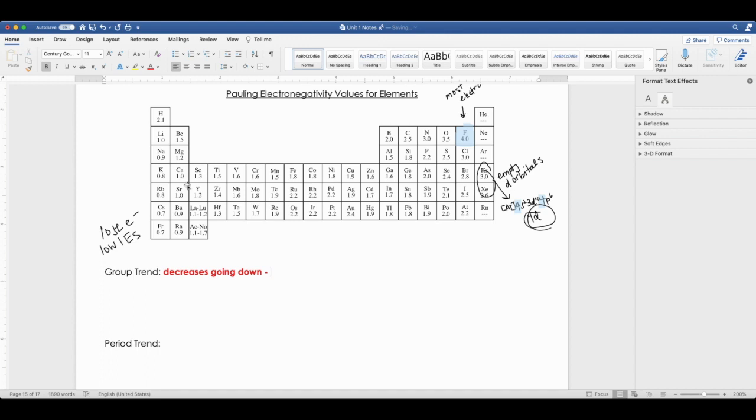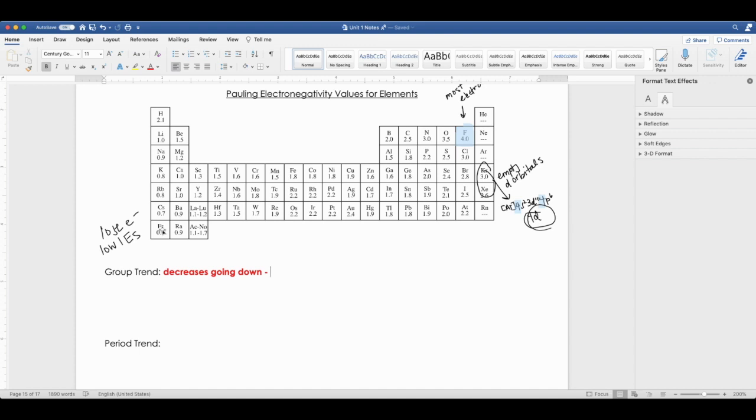Now, why would atoms not want electrons as much as you progress going down a group? Well, that's because you're adding energy shells. Hydrogen has only 1 shell surrounding its nucleus. Lithium has 2 shells around its nucleus. Sodium has 3, 4, 5, 6, 7.